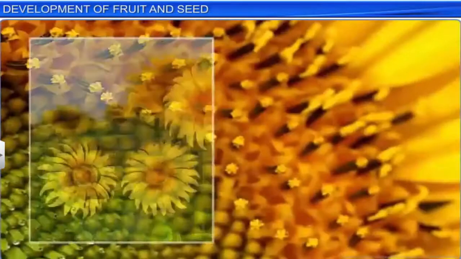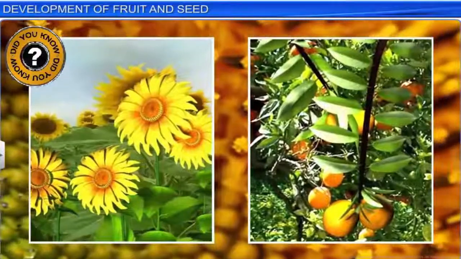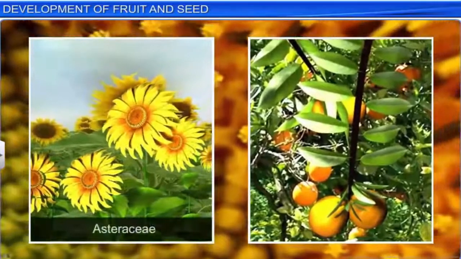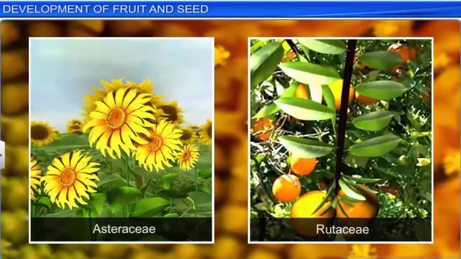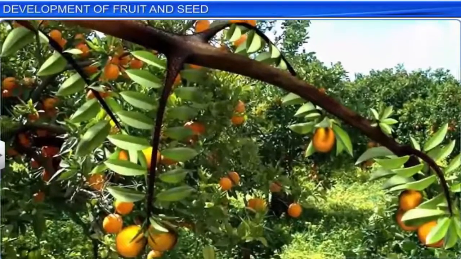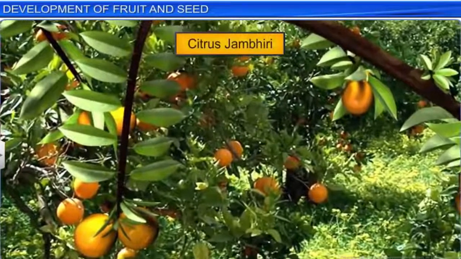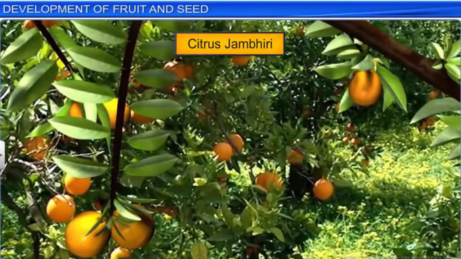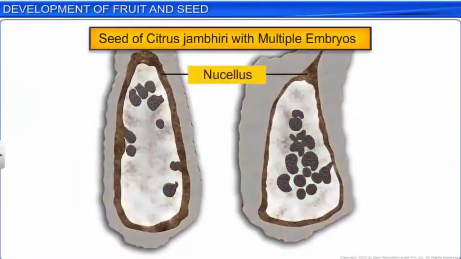Did you know that plants such as grasses and those belonging to the family Asteraceae and Rutaceae are common examples of apomicts? Moreover, in certain apomicts such as Citrus jambhiri, which belongs to the Rutaceae family, the nucellar cells surrounding the embryo sac divide and protrude into the embryo sac.